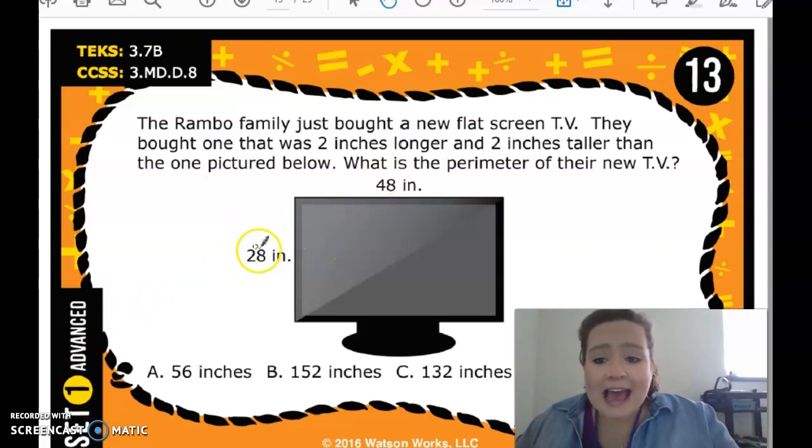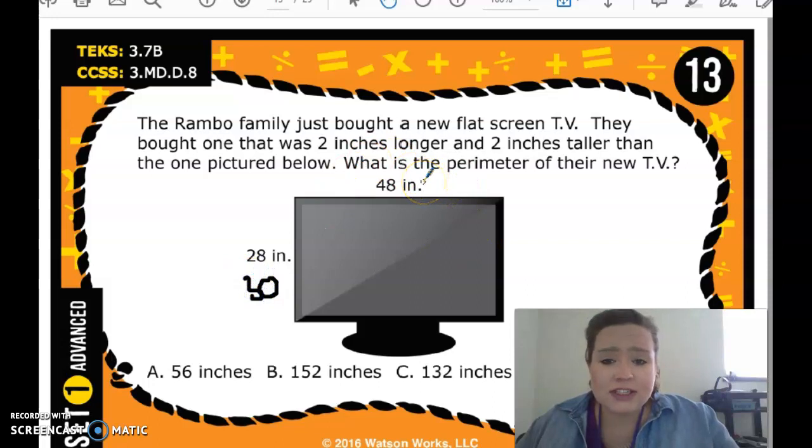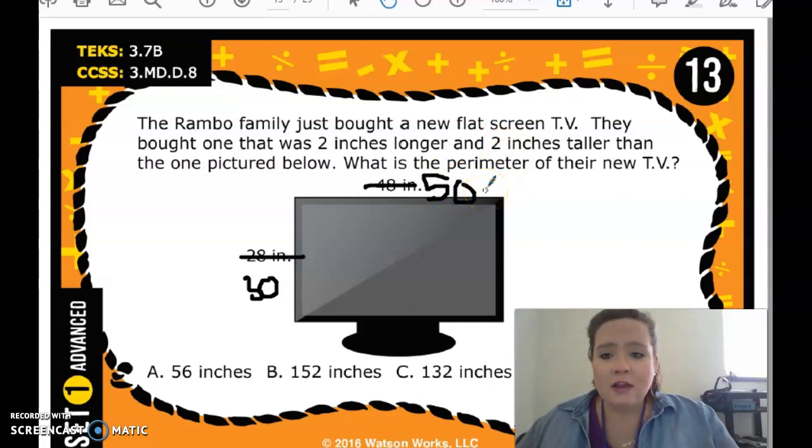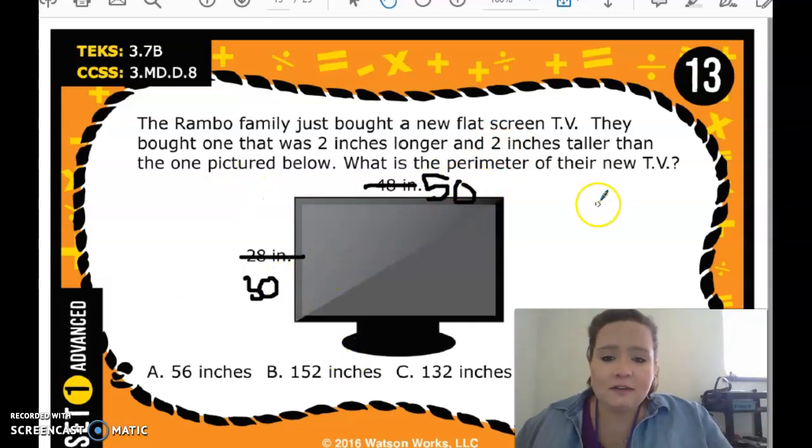Good. You're going to add 2 inches to 28. What is that? 30. And then you're going to add 2 inches to 48. What is that? Good job. 50. So that means the new TV's length and width are 30 inches and 50 inches.